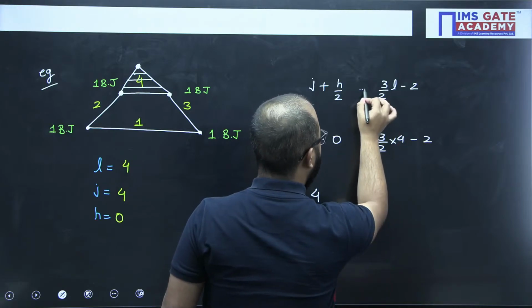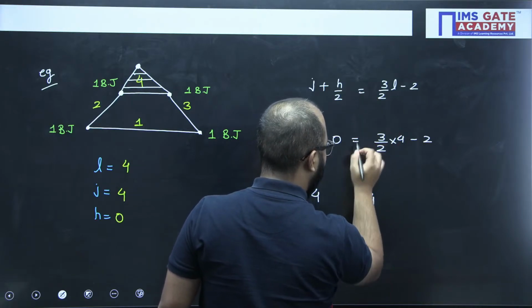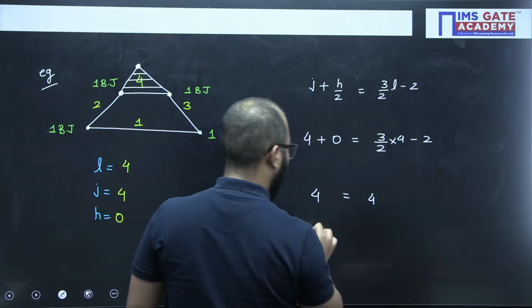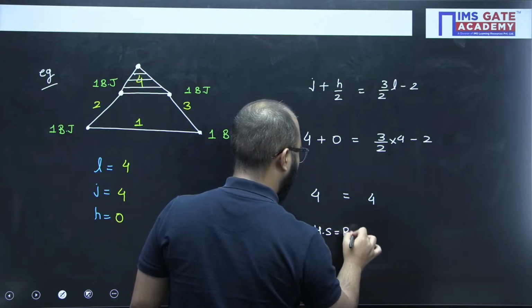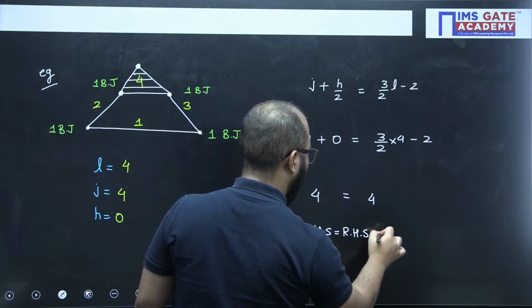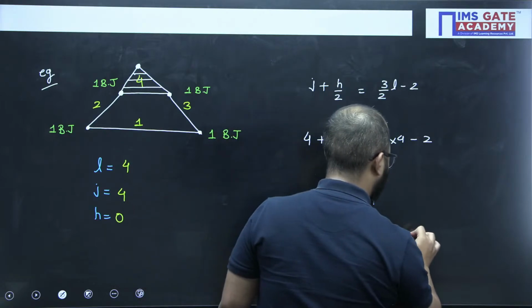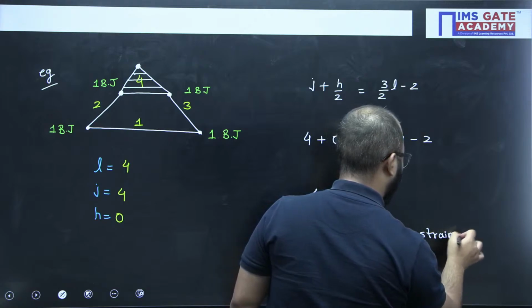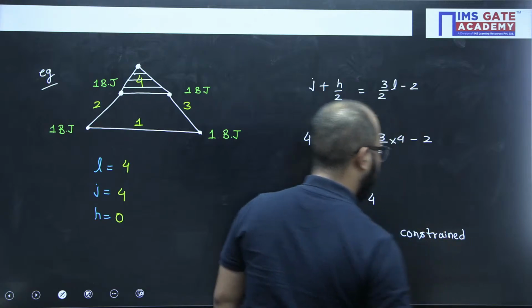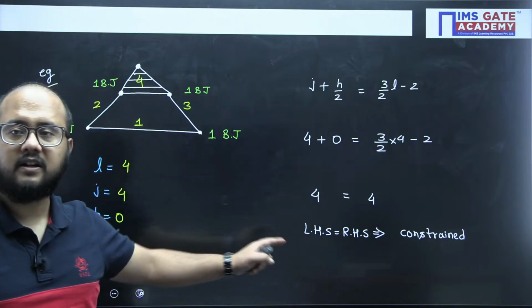So again in this case, LHS and RHS are equal. So we can say it is a constrained chain. Is it clear? It is a constrained chain.